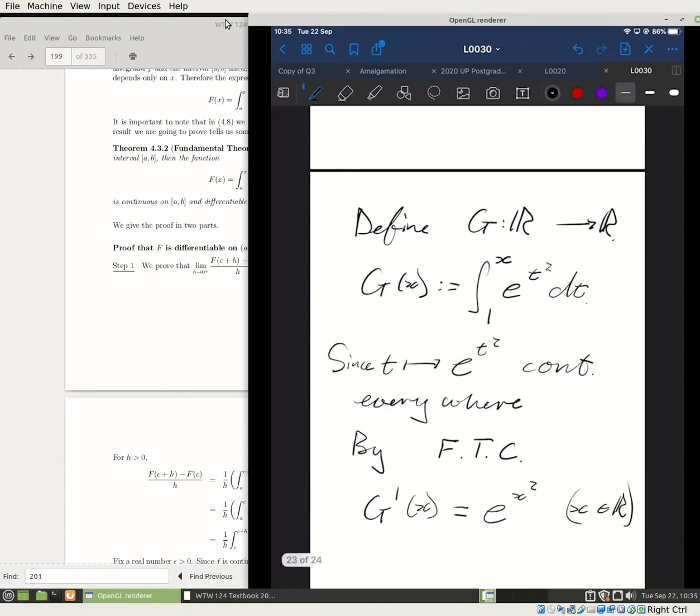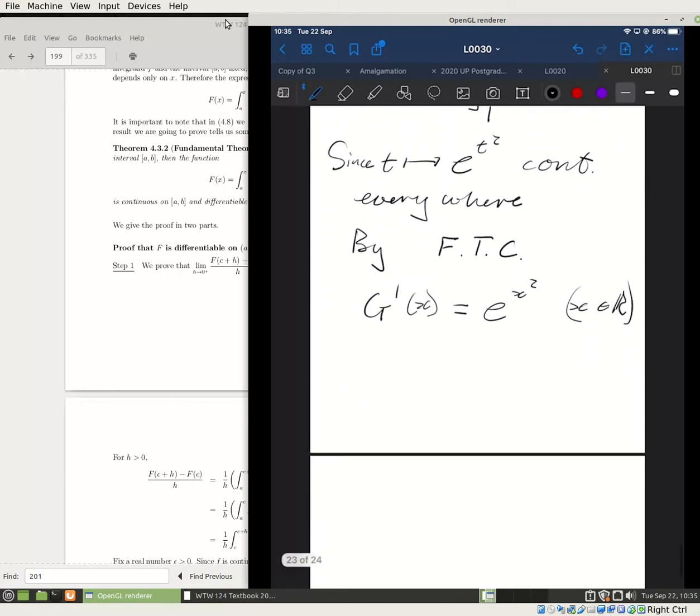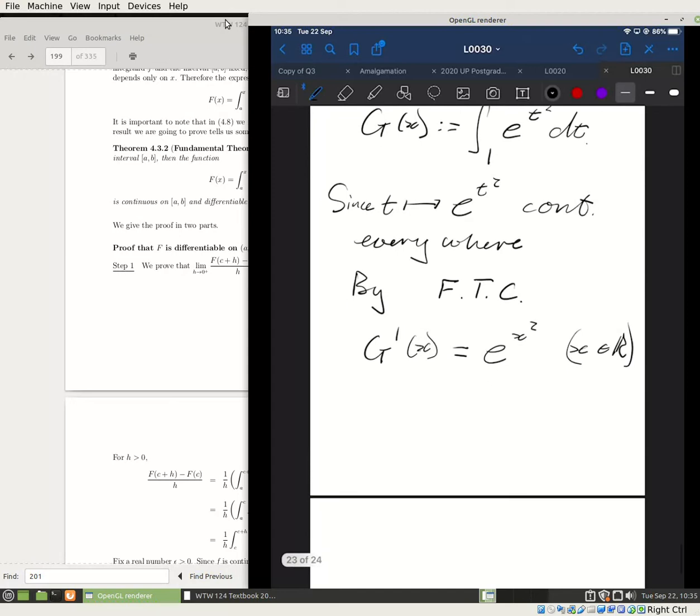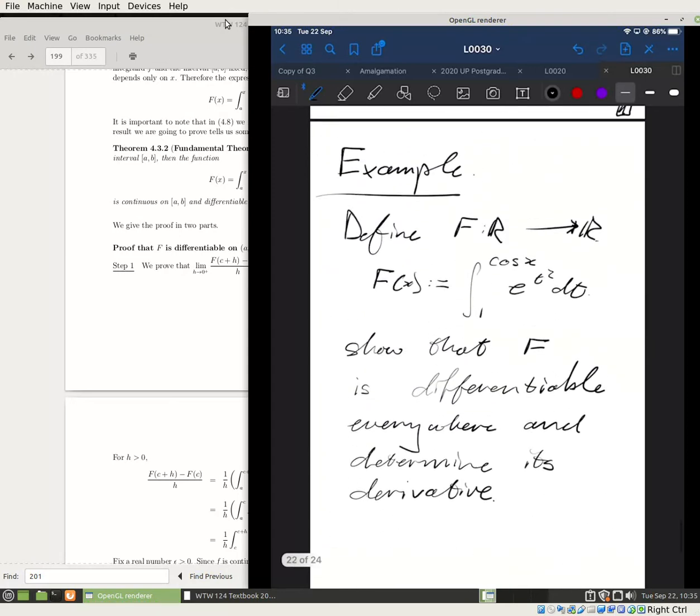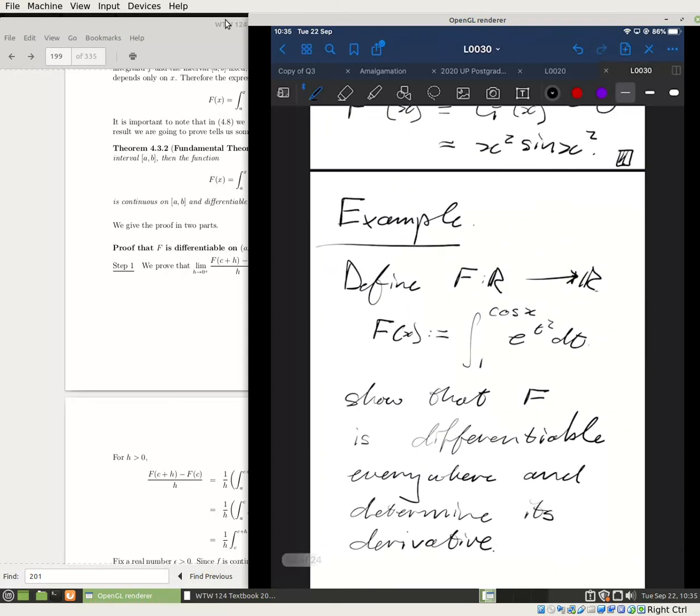Okay, but we're not interested in the derivative of g, we are interested in the derivative of F. But now we can see g and F are related. How are g and F related?